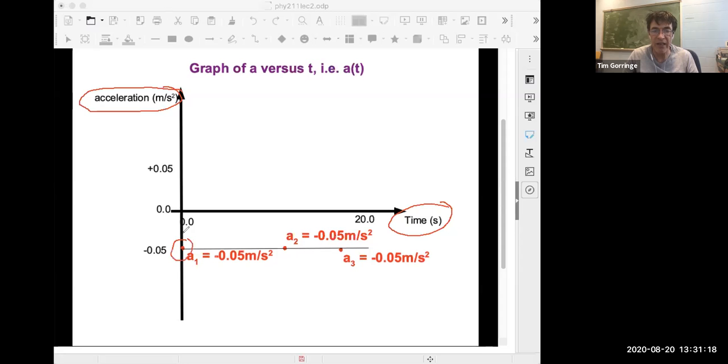This is the initial acceleration when I release the car. This is that intermediate acceleration when it's turning around. It was going right, and then it's going to go left. And then this is the final acceleration. Again, the solid line is actually telling us the acceleration at any instant, any moment, as the car traveled from the far left to the far right and back towards the left. So we're seeing acceleration versus time in the solid line.